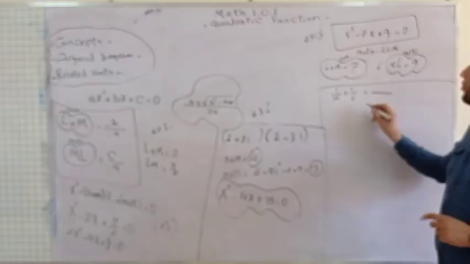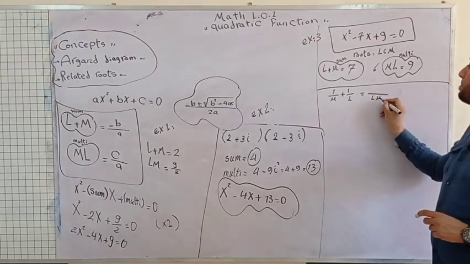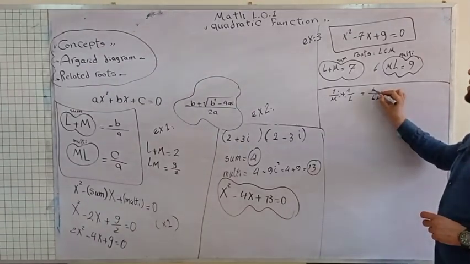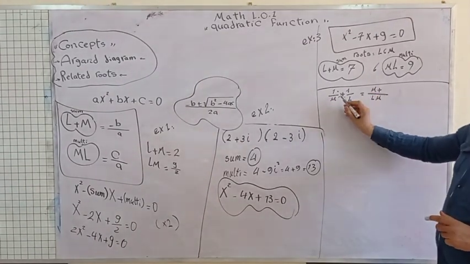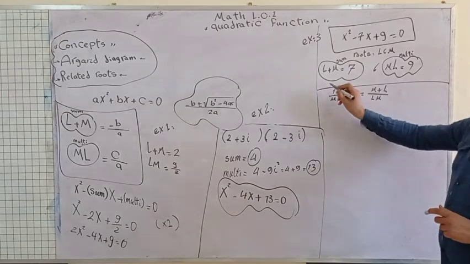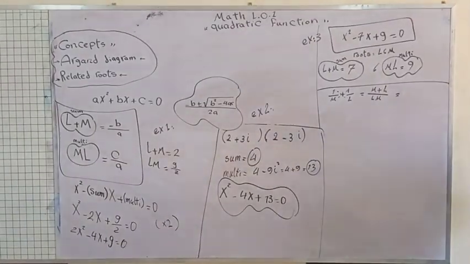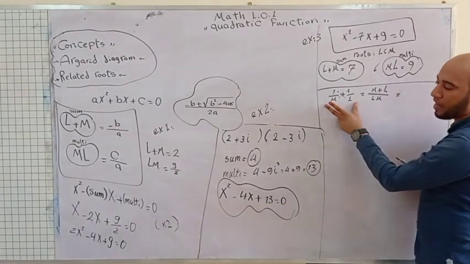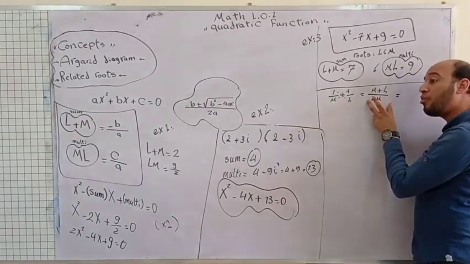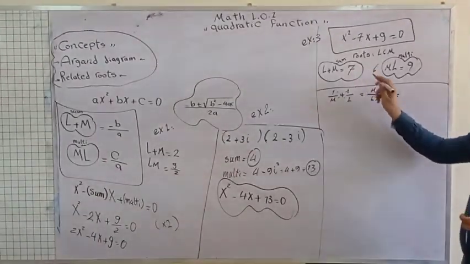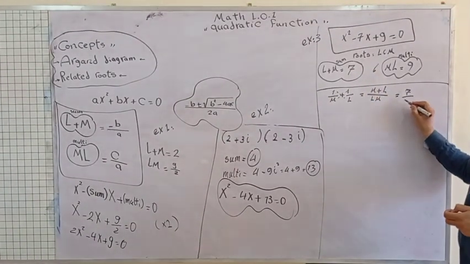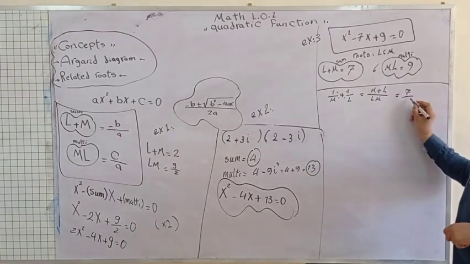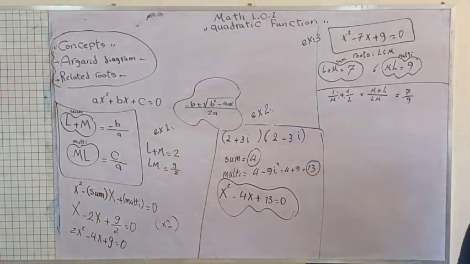The denominator will be LM and the numerator will be M plus L, by cross multiplication. These two values are known. Then you convert the unknown value into known values. M plus L we know is equal to 7, and LM we know is equal to 9.